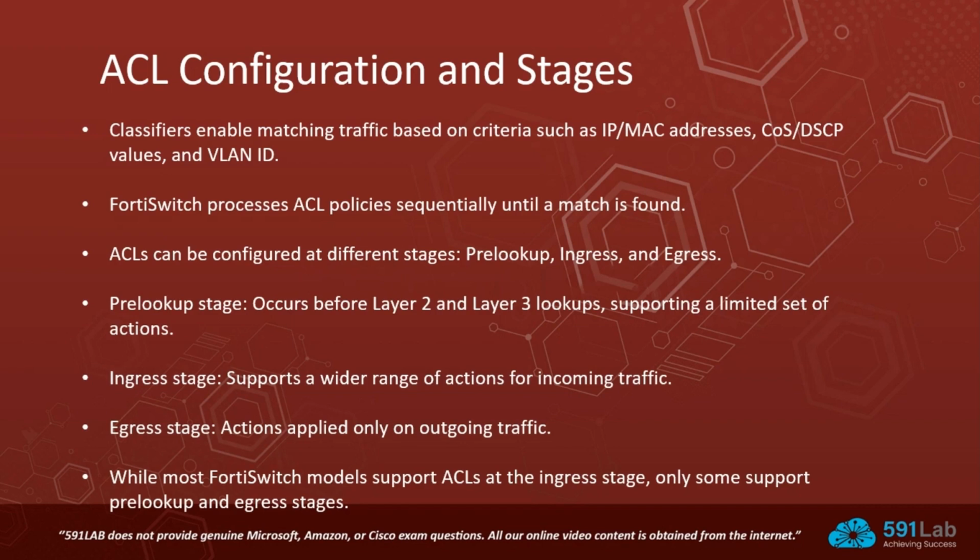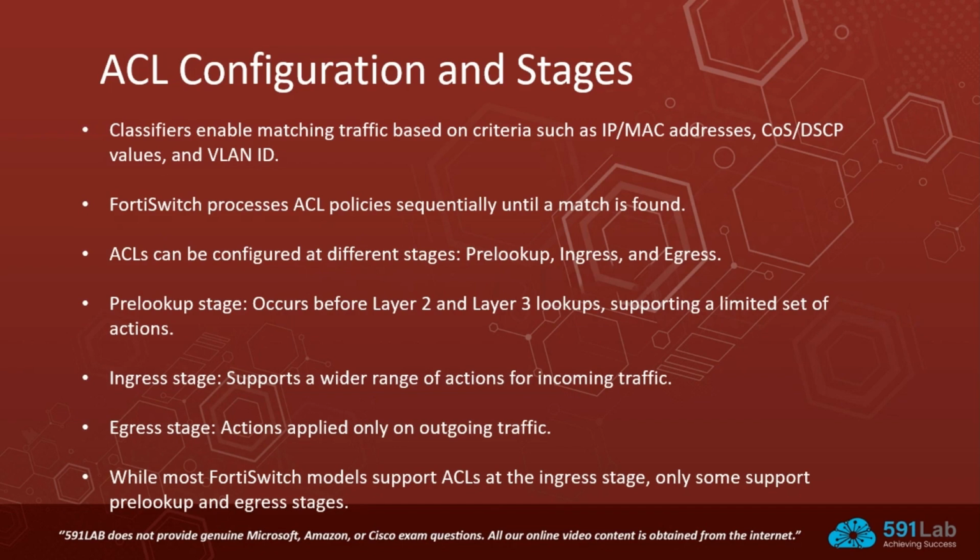Classifiers enable you to match traffic using multiple criteria such as destination and source IP addresses, destination and source MAC addresses, COS and DHCP values, and VLAN ID. FortiSwitch checks ACL policies from top to bottom until it finds a match.